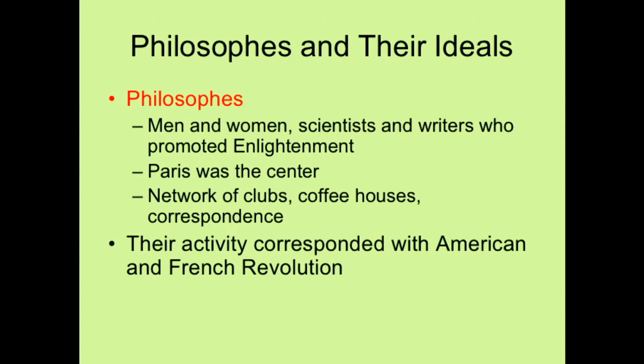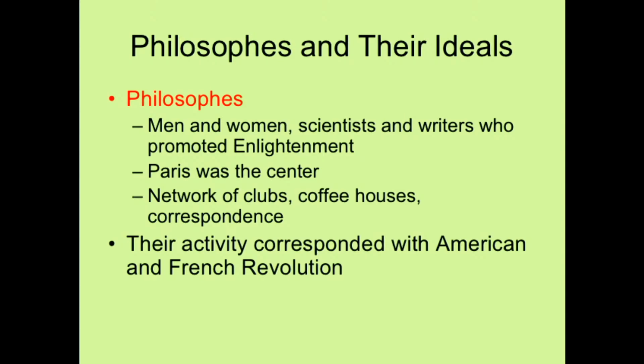Of course, England had a lot of these enlightened people, and they were supported by the government. At the same time, France was also a hub of this enlightenment. Paris was the center. Enlightenment people and scientists who were active in the scientific revolution were meeting in clubs and coffee houses.